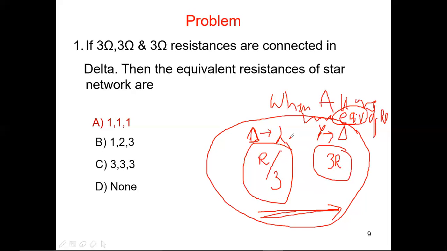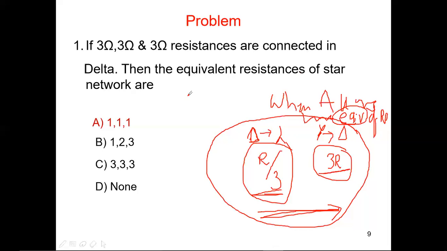So you should be very clear: when the same value of resistances is in all the arms of a delta which is converted into the star, then the resistance is going to decrease by 1/3. Same if the same value of resistances is in all arms of a star, if I convert it into the delta, my resistance value in the delta will be 3 times that of the star. So here the resistance will be more, here my resistance will be less.